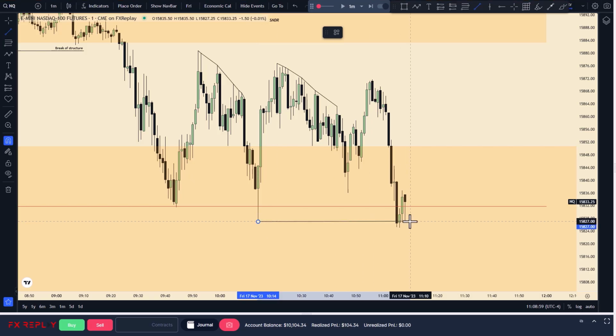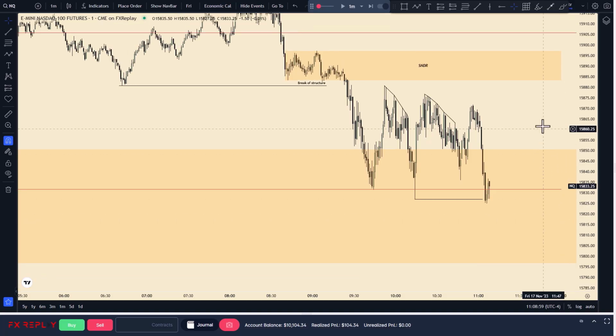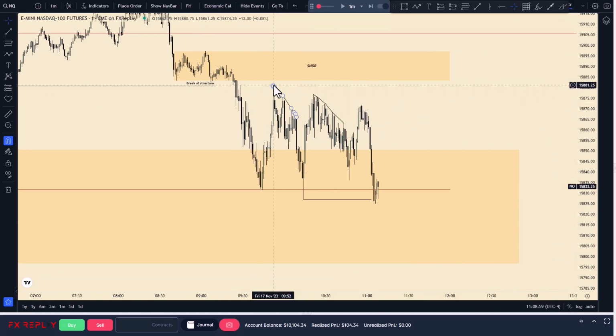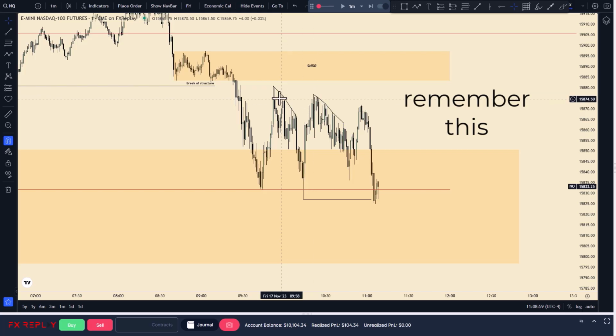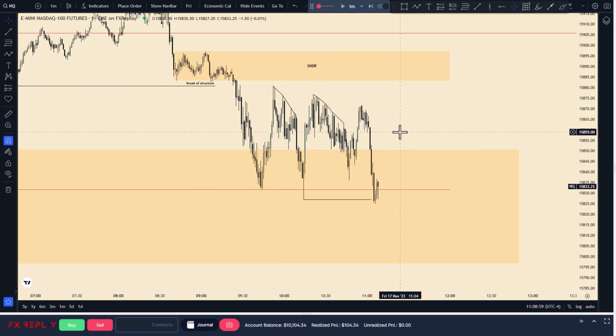We still have a sweep right here. The move to the upside will happen after we break above these right here. So as long as we have these hold zones, this one and this one, price can easily continue to the downside.